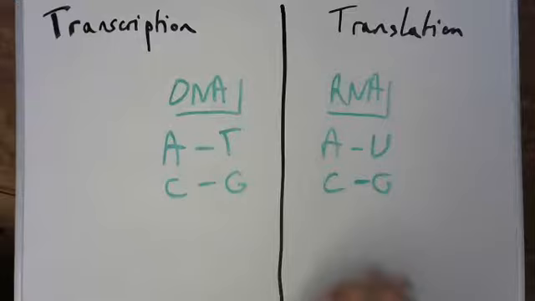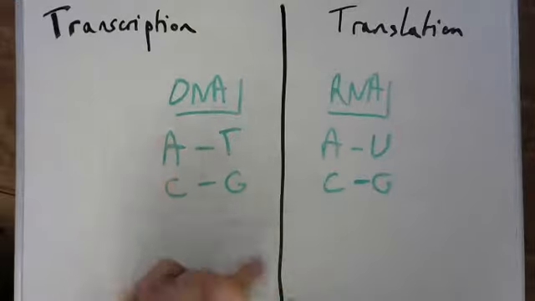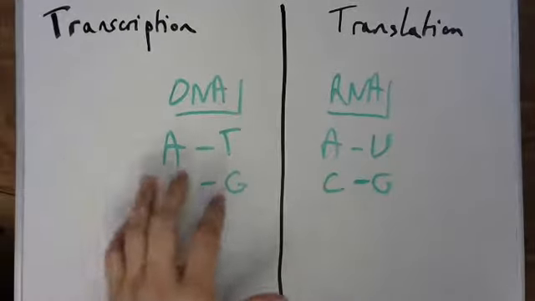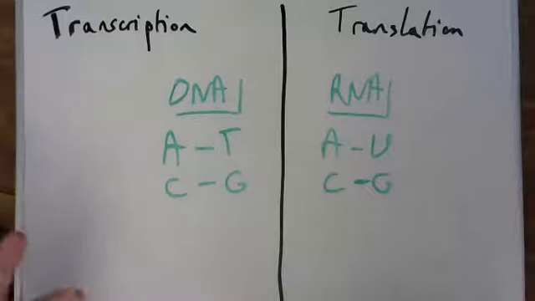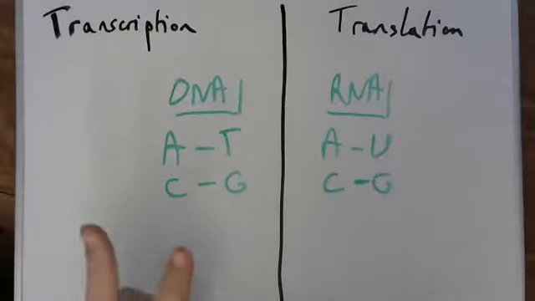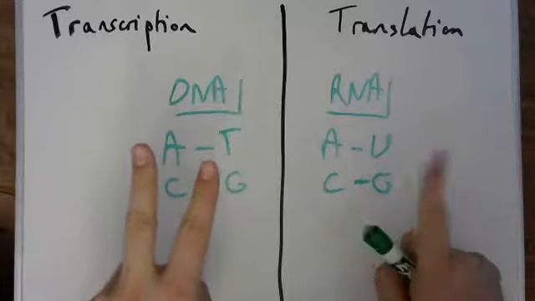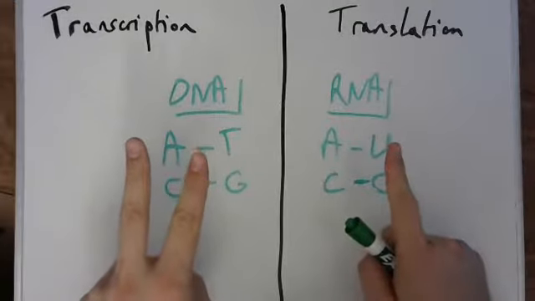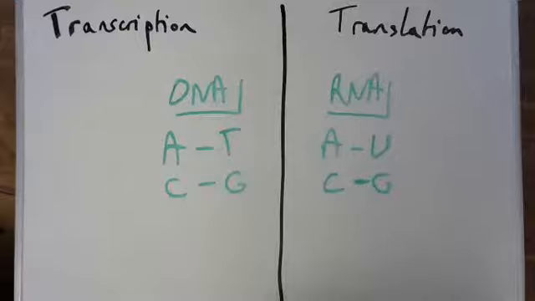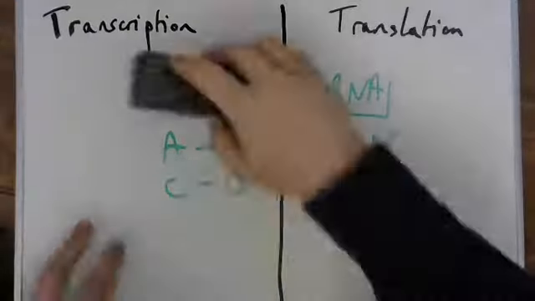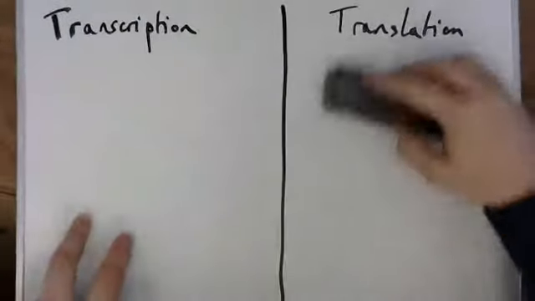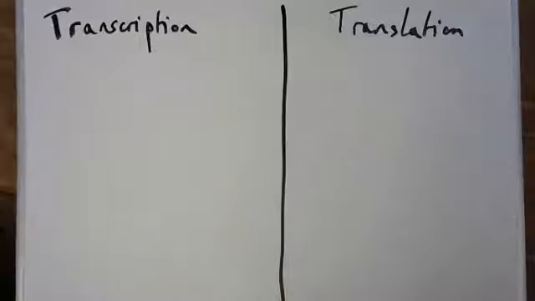So if you have a U, you know it's RNA. If you have a T, you know it's DNA. If you have A, C, and Gs and you don't see any U's or T's, you don't know, or do you? DNA is double-stranded, 2 strands. RNA is single-stranded, 1 strand. Okay? So that's for the little backup information.